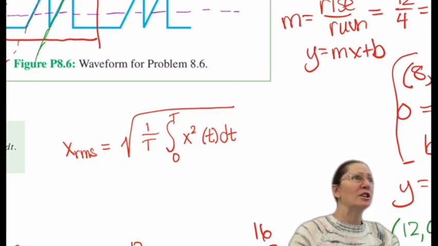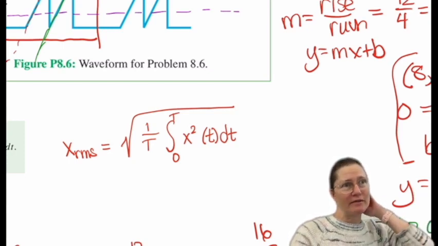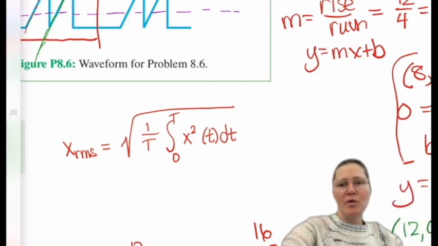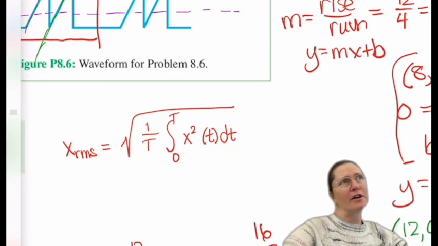You're taking each portion and squaring it. Do we not square them if they're positive? You still square them if they're positive, but that gets rid of the negative, so your value is always positive. And so you're just getting a quantity that is representative of the signal.